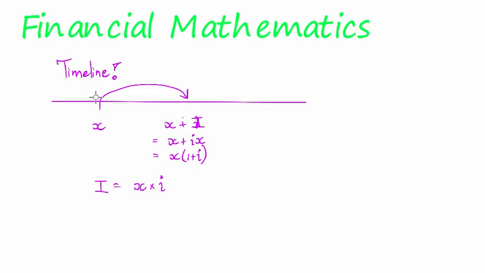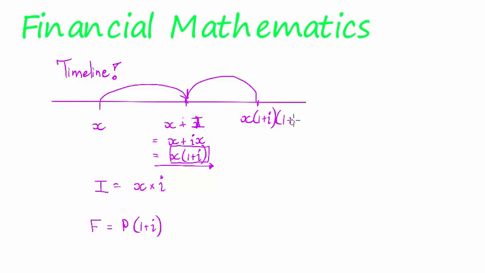Now, this value tells me the future value. In other words, the future value is taking my present value, let's call it P, and adding the interest. If I were to go from here to there, I would take this value, x(1 + i), and multiply it by (1 + i) again.